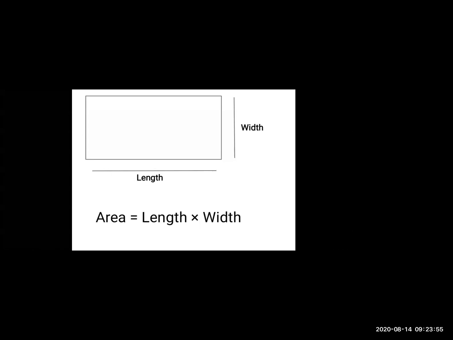Suppose the length of a rectangle is 5 centimeter and the width is 3 centimeter. Then the area of the rectangle is calculated by multiplying 5 into 3, which is equal to 15 square centimeter. Okay, so this was about the two-dimensional object.